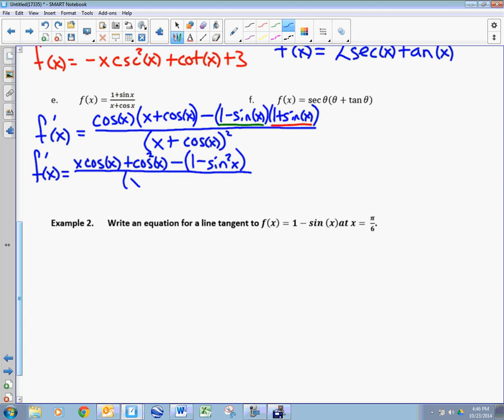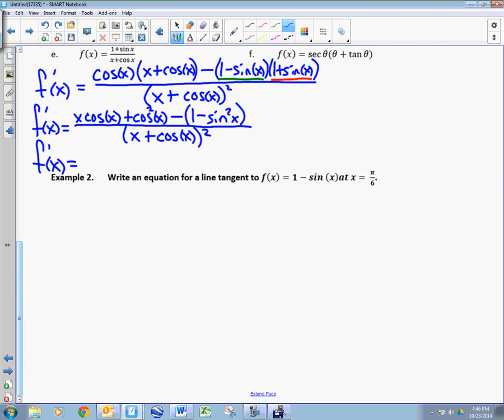All over x plus cosine of x squared. F prime of x, we still have that x cosine of x.